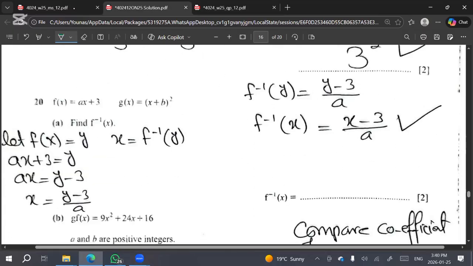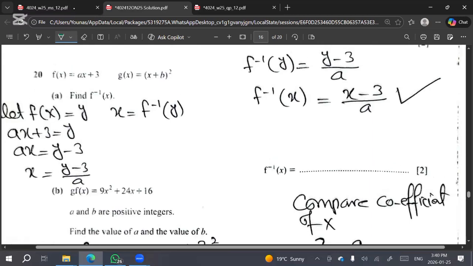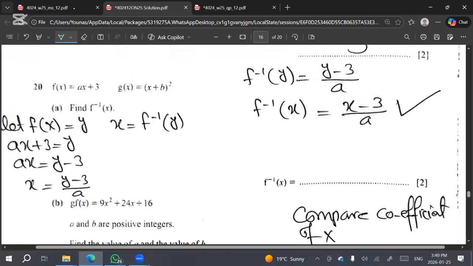What we do, we suppose that let f of x is equal to y, and then in the place of f of x, I will substitute the formula ax plus 3 equals to y. And when this f of x equals to y, so x will be equal to f inverse of y. So ax plus 3 equals to y.